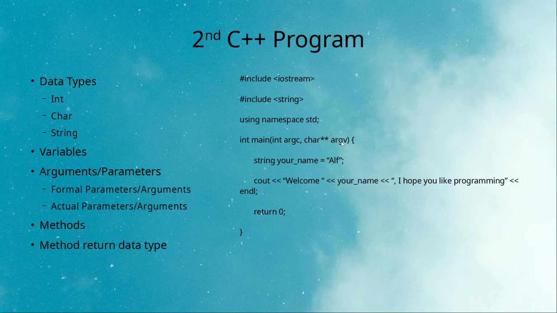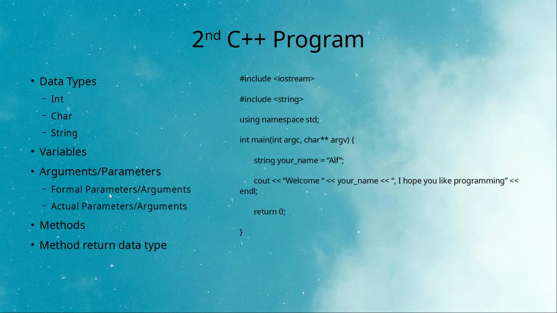Parameters are more or less like variables, like this variable here, string your name. It's a location in memory. But parameters are different from variables in the way that they are passed as input or output from your program or from your method. So arguments are special kind of variables which are passed as input or output from your program.